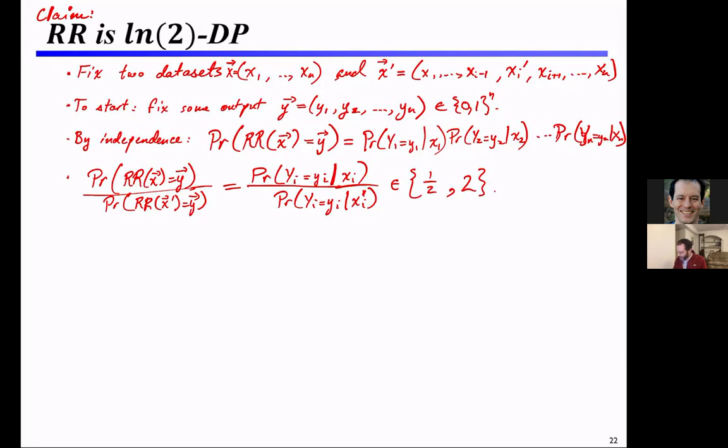Okay, so another way of saying that is that the probability that R of x equals y is at most e to the log 2, which is another way of writing 2, times the probability that randomized response applied to x prime equals this y.